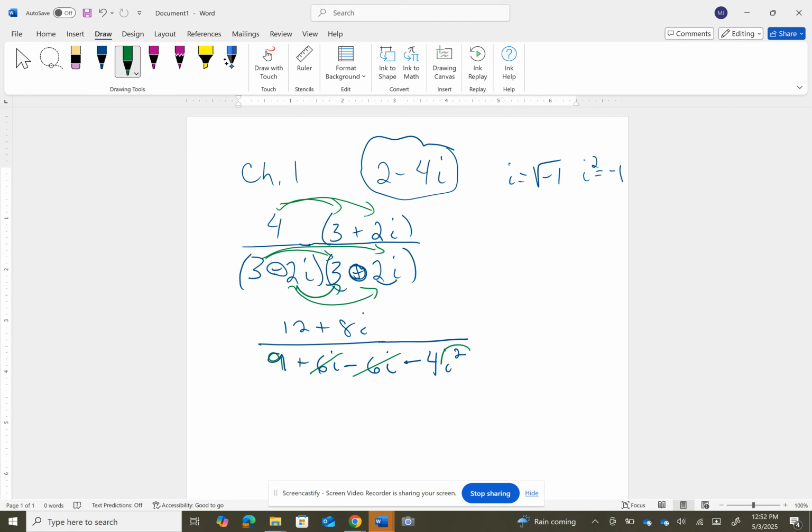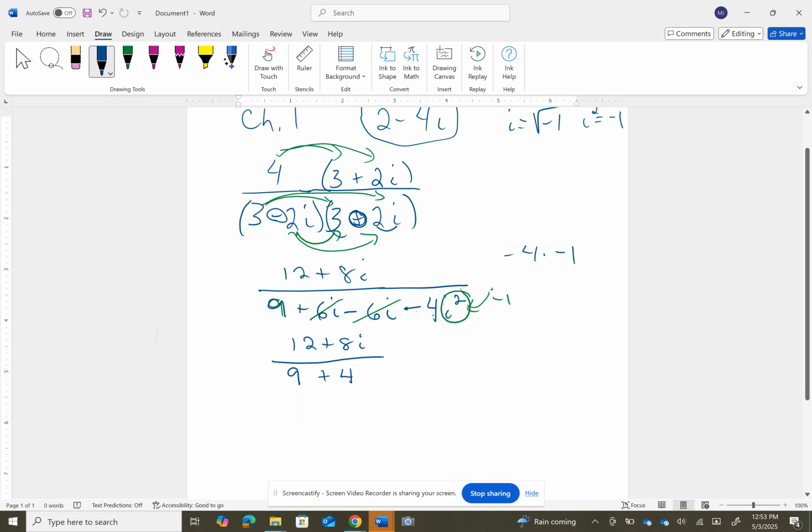And the i squared that we have right here, we can replace with a -1. So we really have 12 plus 8i on top, and we have 9, and then minus 4 times a -1. See, that i squared is really a -1. So -4 times a -1 turns out to be plus 4.